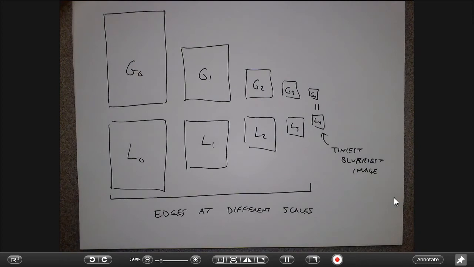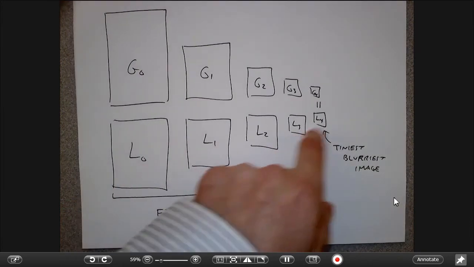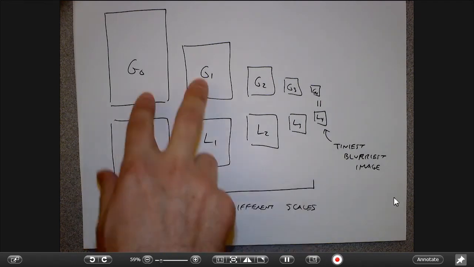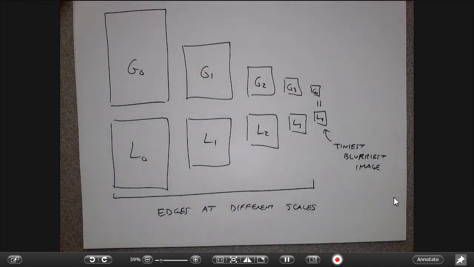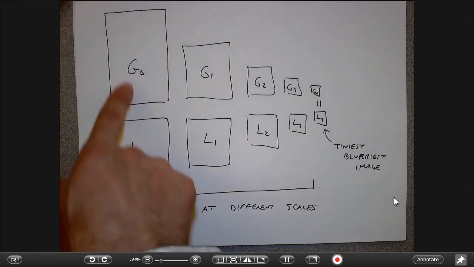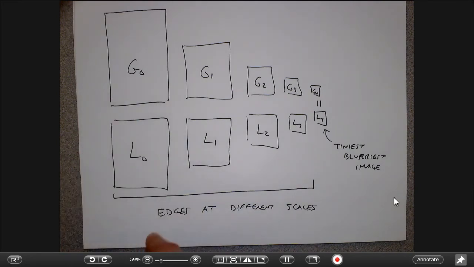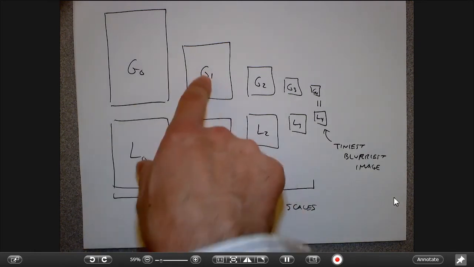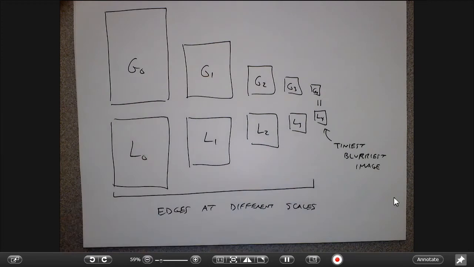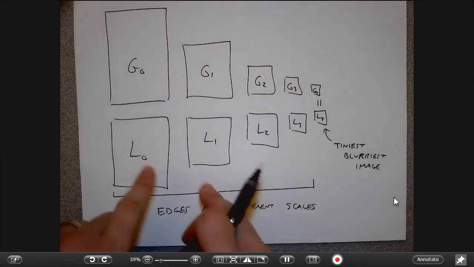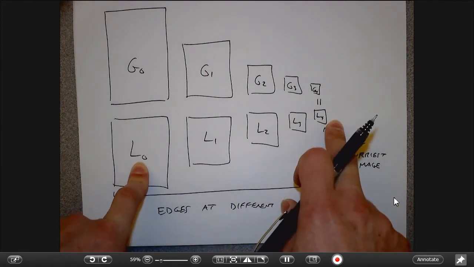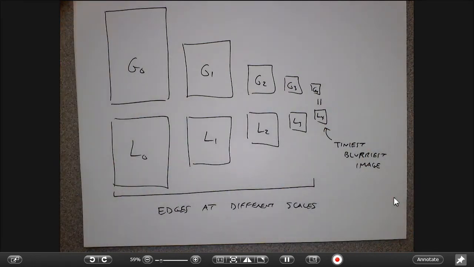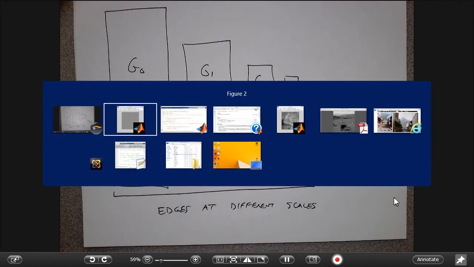And so the idea is that since I created every one of these images by subtracting corresponding original and blurred images, if I wanted to, I could get back the original image by saying, okay, I'm going to add up the edges at all the different scales. As long as I add them up to get the resolution of the original image, I'll basically be able to reconstruct the original image. So let me just show you with an example on MATLAB here.